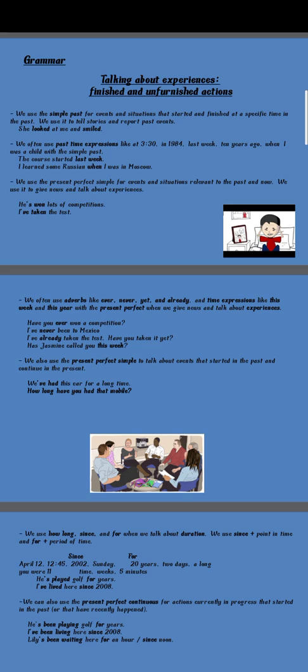You have to keep in mind that the past simple is something that happened at a specific time in the past. And also, we use it to tell stories and report past events.